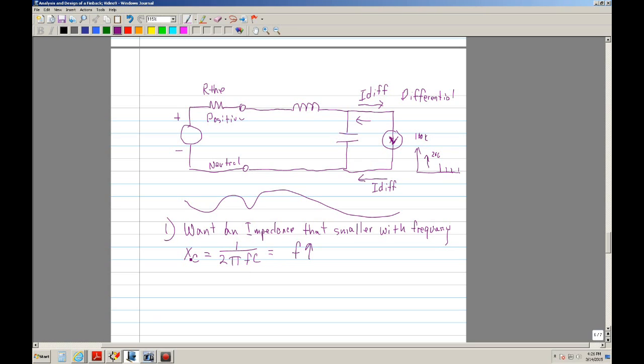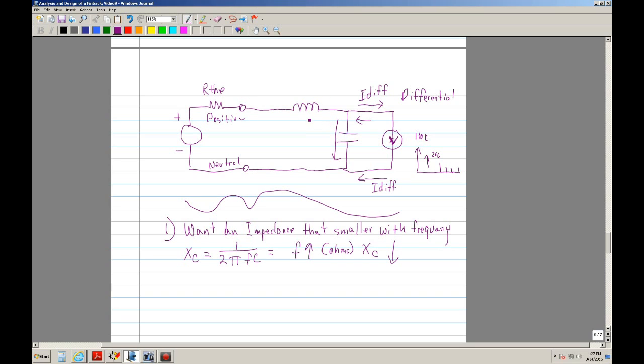The capacitor reactance, which is in units of ohms, X of C, goes lower. So as the frequency goes higher, this impedance is actually being shunted by the capacitor. So this is seeing a low impedance, and it tries to go here. So that's why we use a cap.